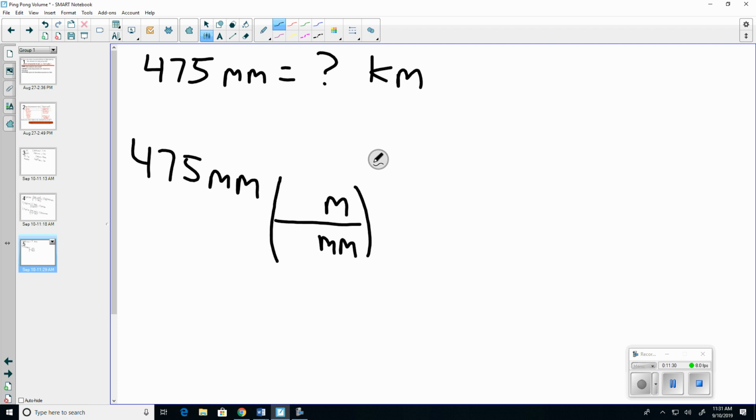How are those two related? There's 1 meter for every 1,000 millimeters. So in other words, I'm dividing by 1,000. If I do that, I'd get 0.475 meters.